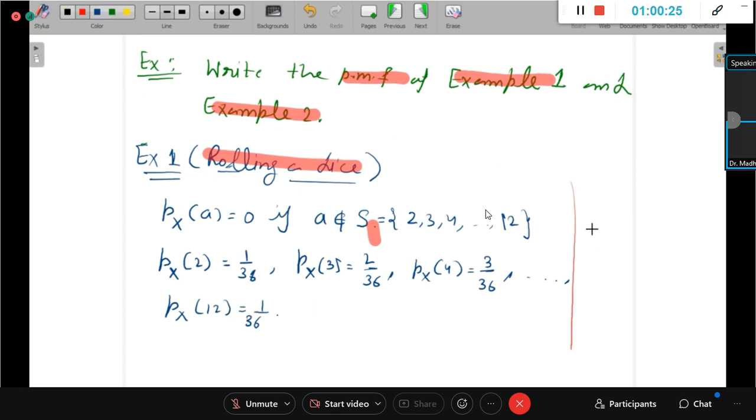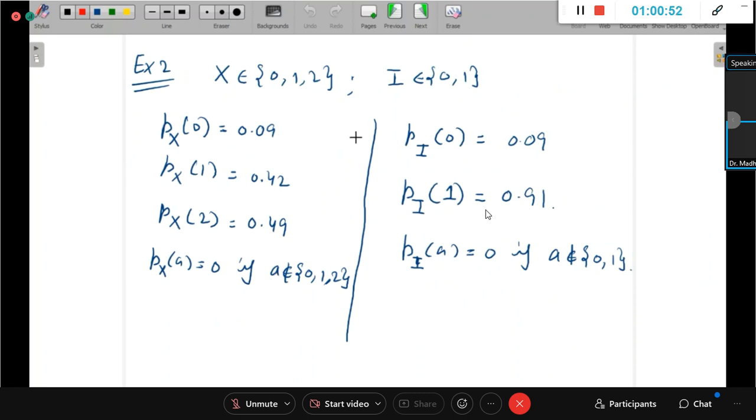Let me say here, p_X(i) is equal to the probability of X equals i, where i belongs to this S. If X equals 3, it is 2 by 36. If i equals 12, it is 1 by 36. These are all non-negative, and the sum is equal to 1.